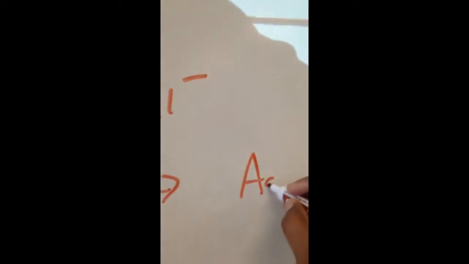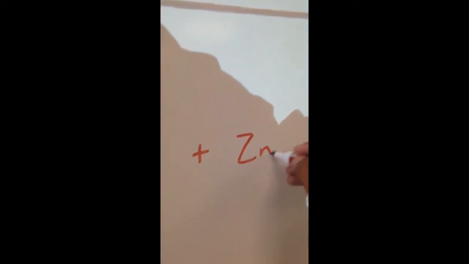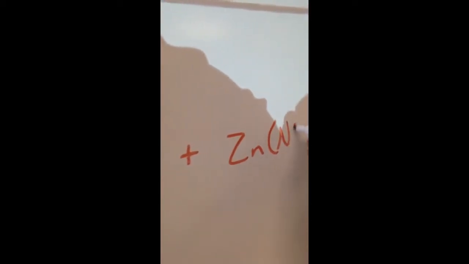We're going to have AgCl plus our Zn(NO3)2, because we have +1, -1, and then a +2 and a -2. So that will complete our, and of course that's a, what kind of reaction? Yes, double replacement.